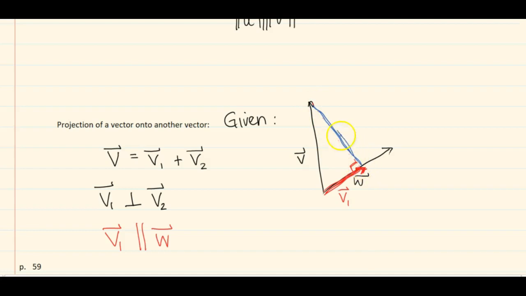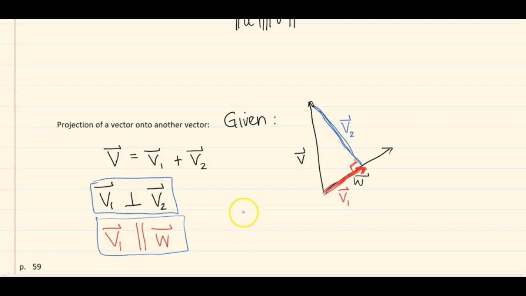I put that in quotes because it's not quite vertical, but it is perpendicular to the w vector as well as the v1 vector, and we'll call that one the v2 vector. So v1 and v2 are perpendicular to each other, and we have projected a component of vector v onto vector w. So we know those two things.